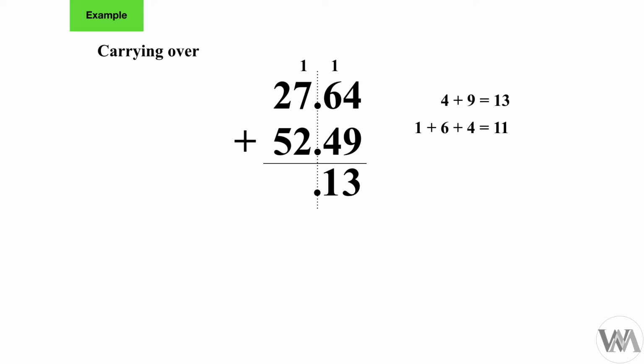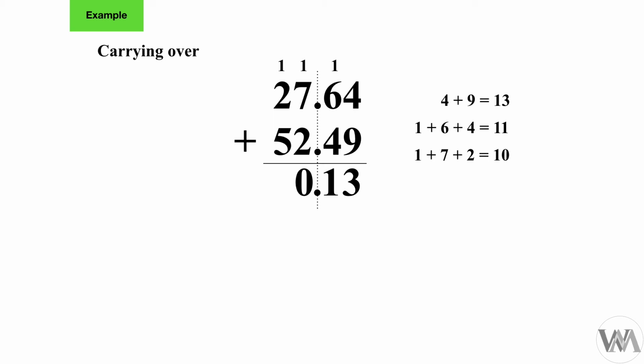Moving on to our next place value, remembering to add the 1 that we carried over again now. 1 plus 7 plus 2 equals 10. Look at that, again a number greater than 9. So we are now going to carry over that 1 and then write our 0 in the place value's place that we just worked in.